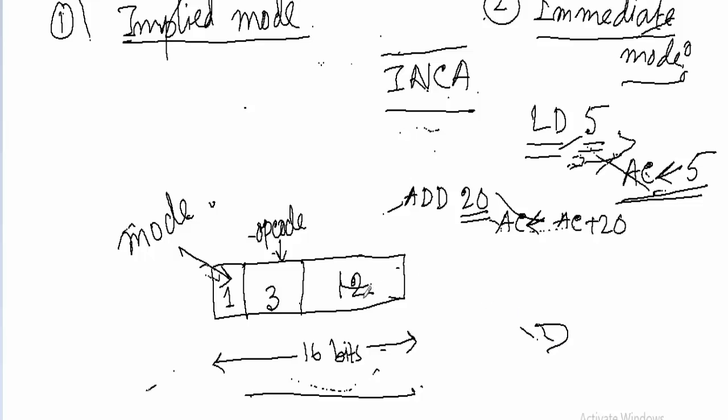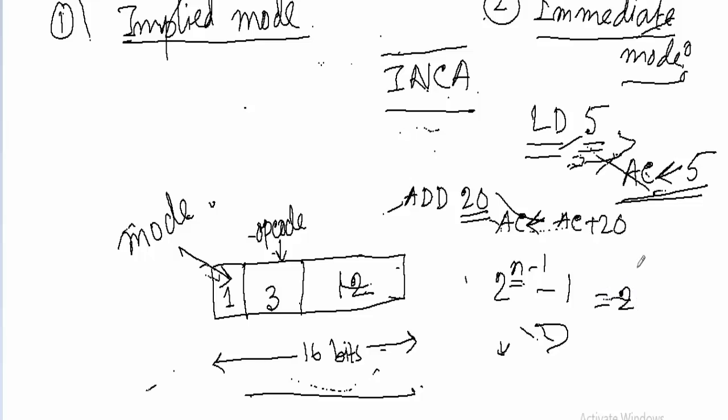In 2's complement representation the maximum value possible is 2 to the power n minus 1, minus 1, where n is the number of bits. Here the number of bits present for the operand is 12.